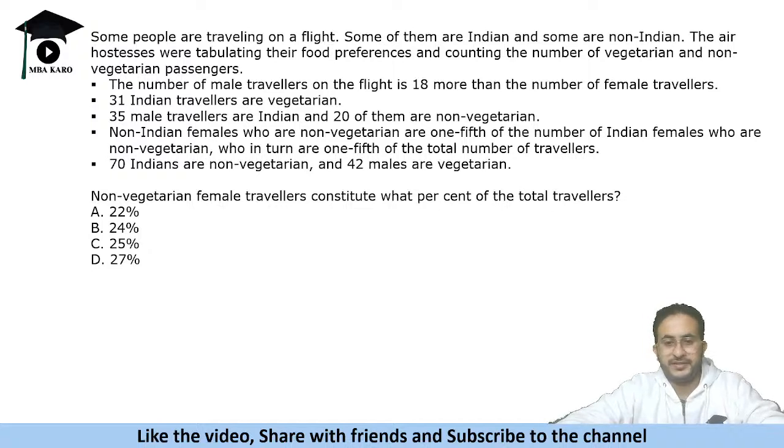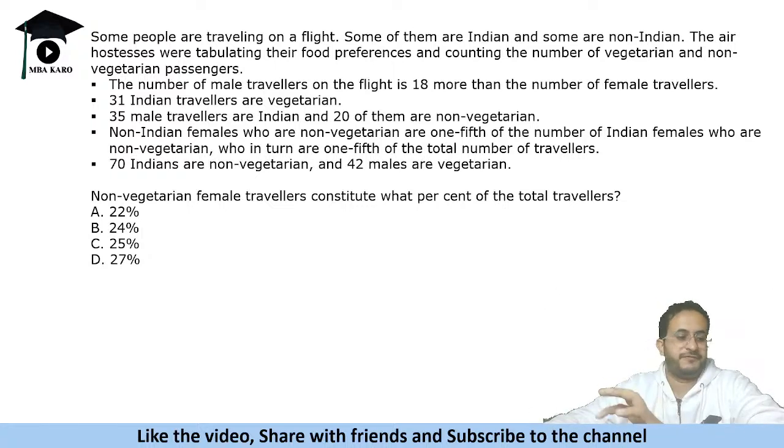Now this is a difficult one. Difficult means a little lengthy. Like we did one caselet which was straightforward. This has more data and it is about drawing a table here. So try this. Try to make a table and then we will discuss how to solve this. So we are given that there are some people traveling in a flight and some of them are Indian and some are non-Indian, and they are categorized as vegetarian and non-vegetarian and on gender basis also, like male and female travelers.